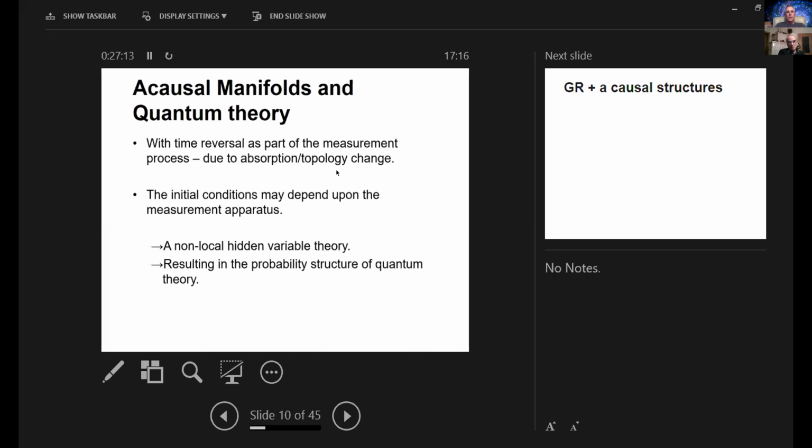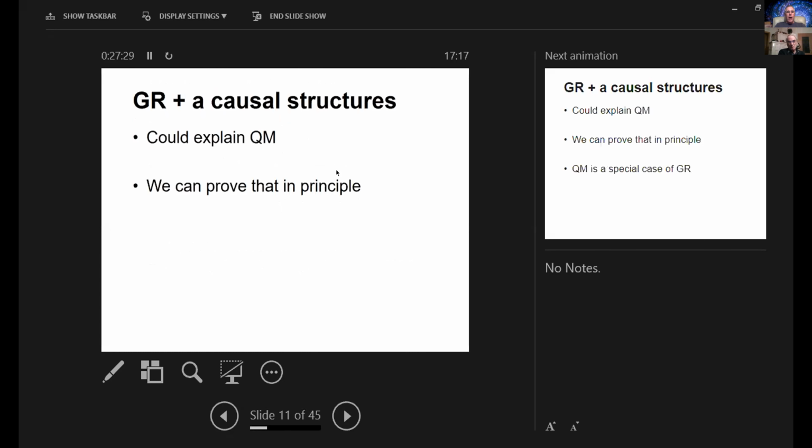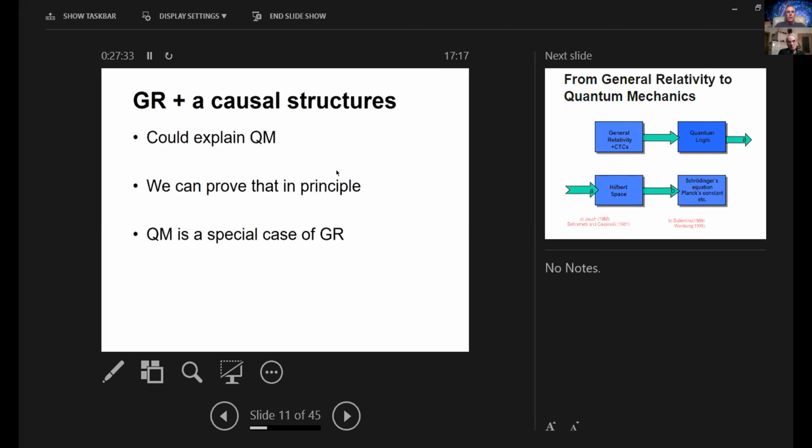And if that is so, it will result in the same probability structures as quantum theory. So what I'm saying is it could at least potentially explain quantum mechanics. And we can prove that in principle. In which case, quantum theory then becomes just a special case of general relativity.